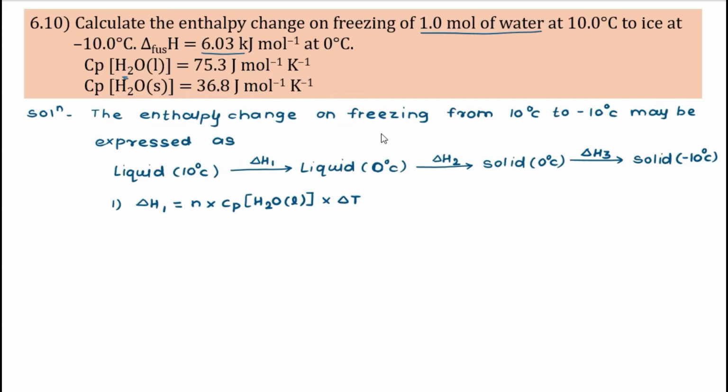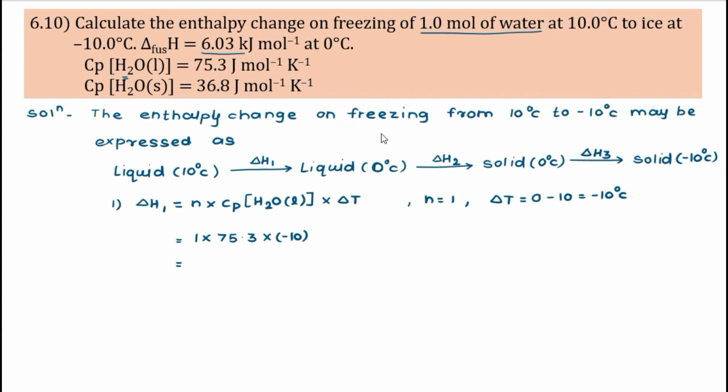Okay, so here number of moles of water is 1, and delta T, that is change in temperature, is final temperature 0 minus initial temperature 10. So delta T is minus 10 degree Celsius. So let's put all these values. 1 into Cp of H2O in liquid state, 75.3, into change in temperature, minus 10.